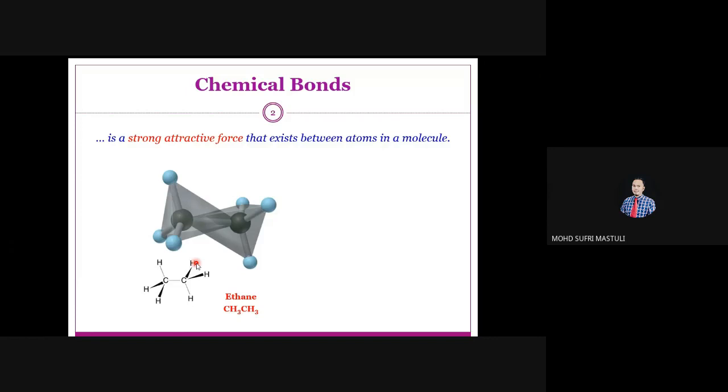All of them are single bonds. One, two, three, four, five, six, and seven. Generally, there are three types of chemical bonds: ionic bond, covalent bond, and also metallic bond.